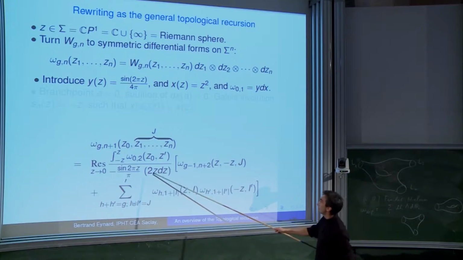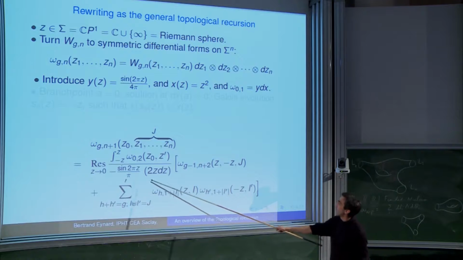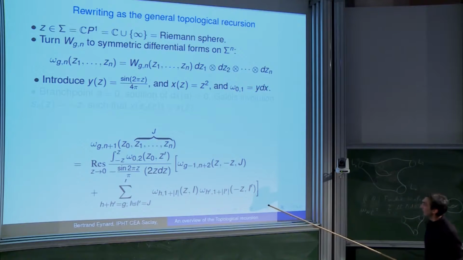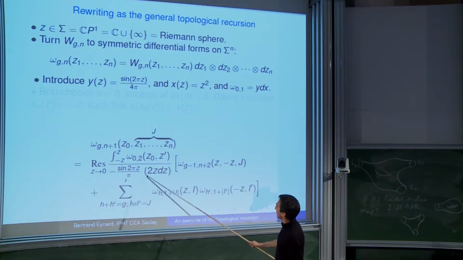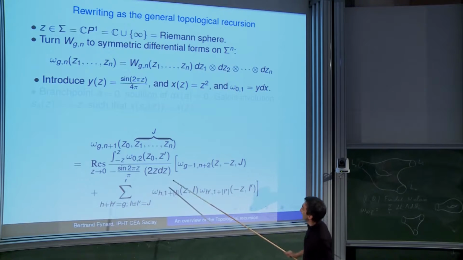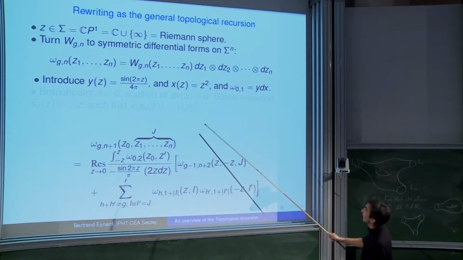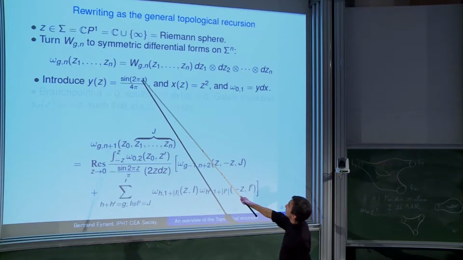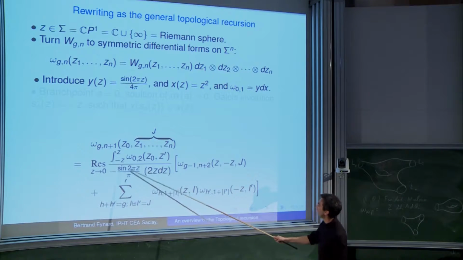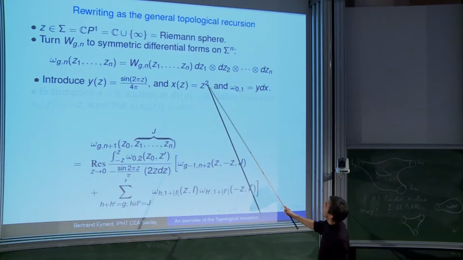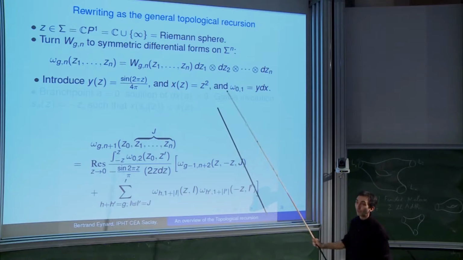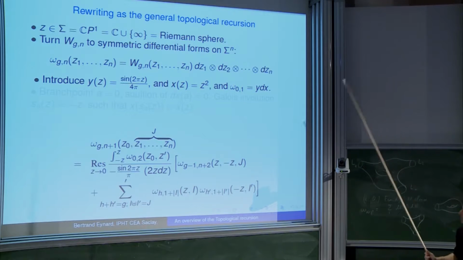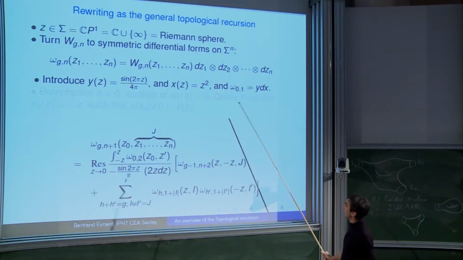And now I have a 2z dz in the denominator, and I have this sine function in the denominator also. Right? So now let me explain why we take a residue at 0. We have both factors in the denominator. Let me introduce a function which will be sine 2 pi z over 4 pi, which will be related to that, and another function which will be z square. You see that 2z dz is just the differential of z square, right?